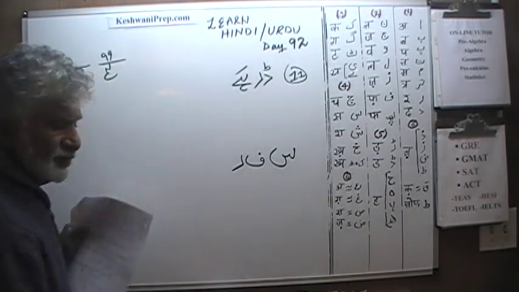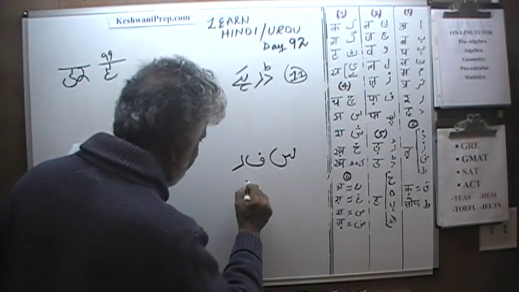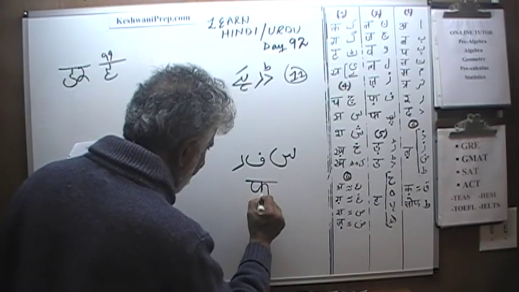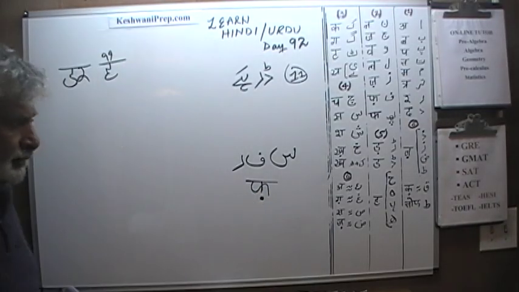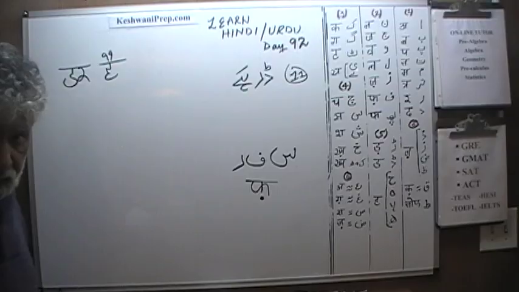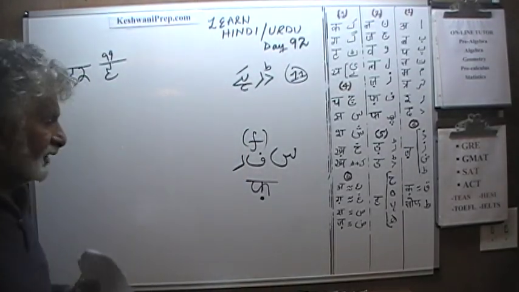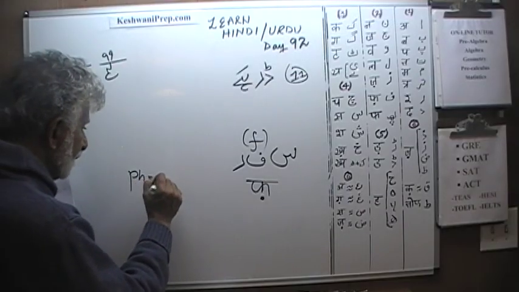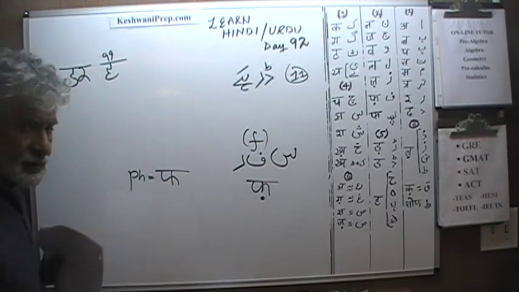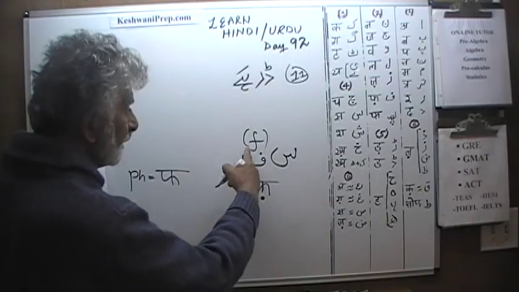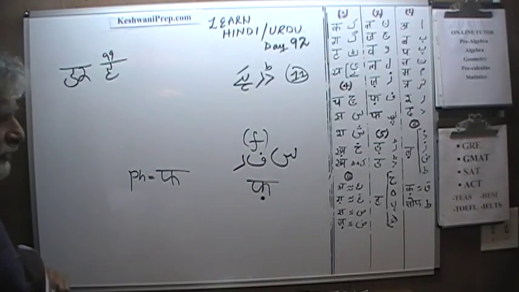This fe does not exist in Hindi. So we write the fa in Hindi just like you write fa in Hindi, and we put a dot underneath to indicate that the correct spelling of the word suffer calls for an F and not a PH. It is not spelled with a PH. PH would have been simply this. That's PH. If you put a dot underneath, it becomes an F. That's what we need, suffer.